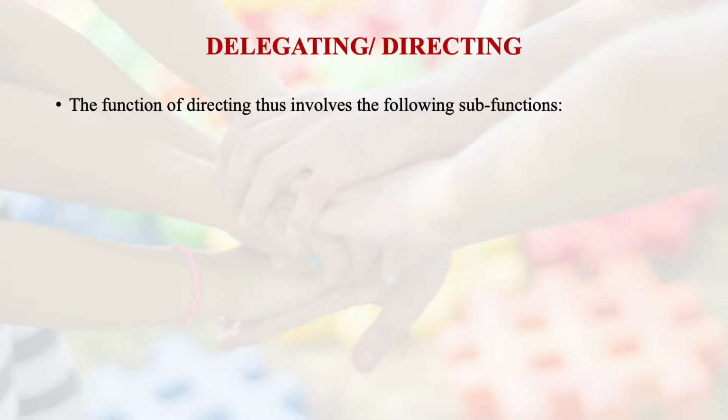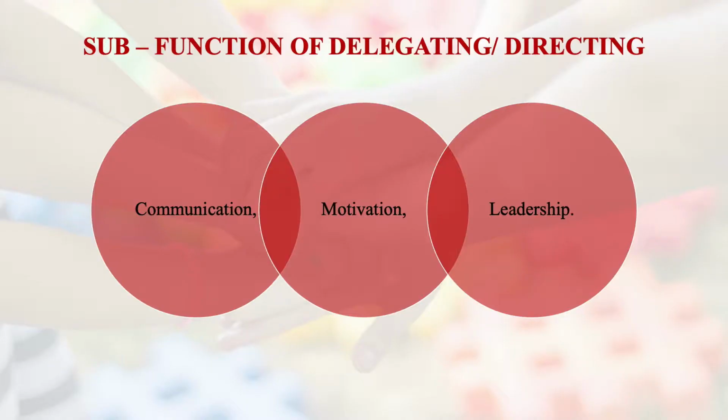So the function of directing thus involves the following sub-functions, and these sub-functions are communication, motivation, and leadership. So these functions we have already discussed in this concept. When we talk about communication, proper communication flow from top to bottom and bottom to top should be there. The leadership should be in such a manner that it should motivate. Now you see, the leadership role has been taken at the end, because communication and motivation form a part of leadership.